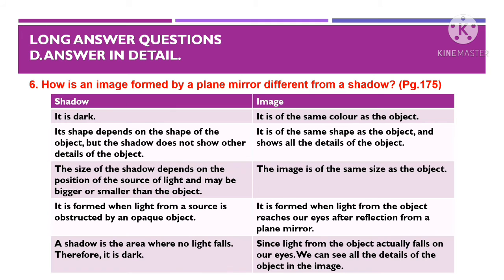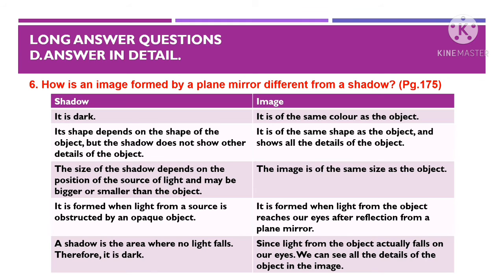Shadow's shape depends on the shape of the object, but the shadow does not show other details of the object. Image is of the same shape as the object and shows all the details of the object. The size of the shadow depends on the position of the source of light and may be bigger or smaller than the object. The image is of the same size as the object.